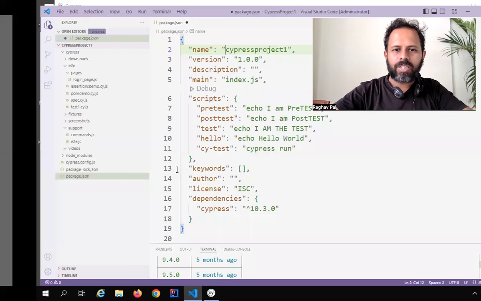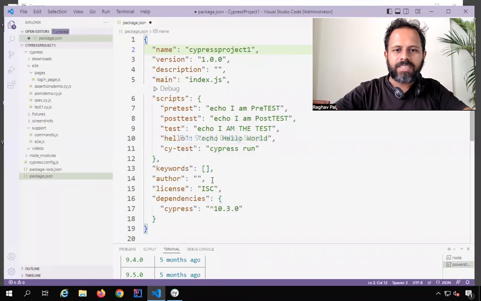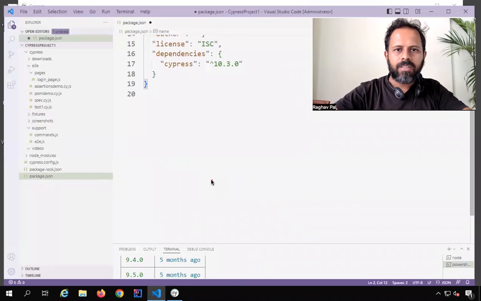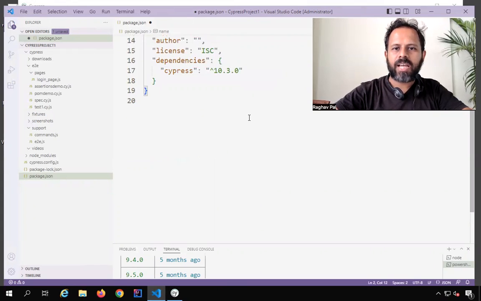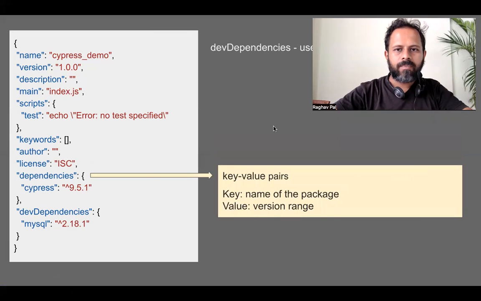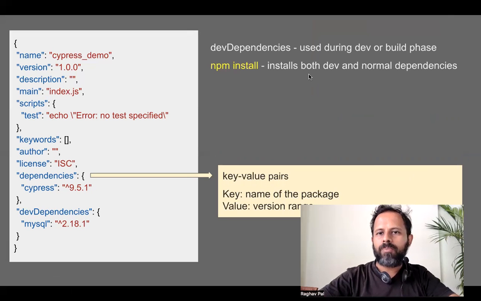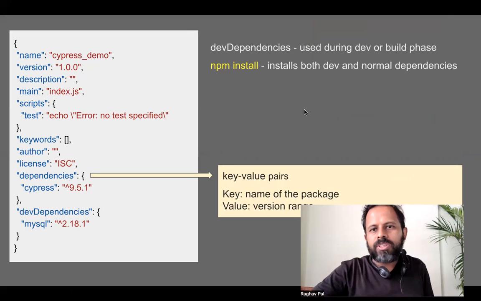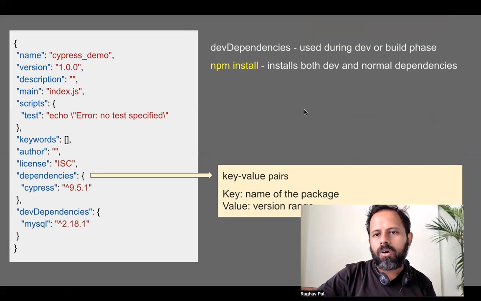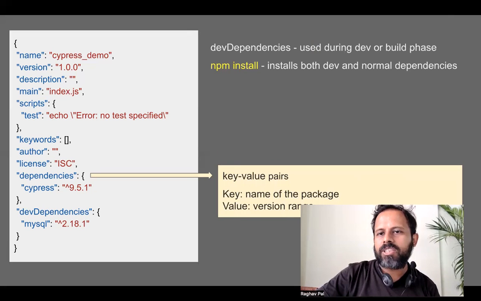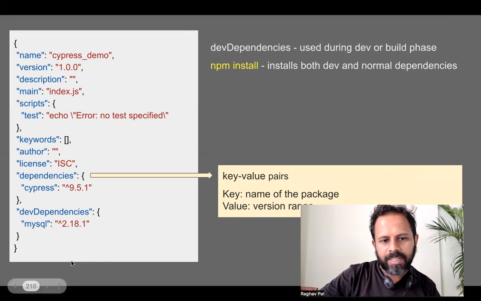Dependencies: whatever dependencies you add in your project will come here. As of now, we just have the Cypress dependency in our Cypress project. Then we can have dev dependencies. These will be used during the dev or build phase. So if you use the command npm install on the project folder, it will install both dev and normal dependencies.